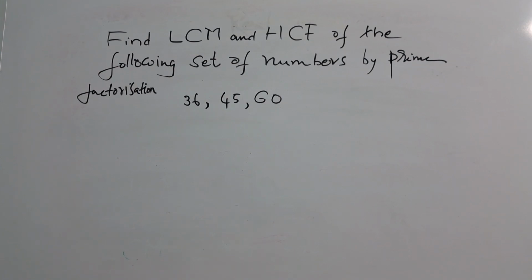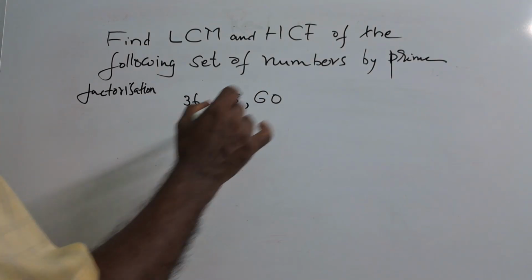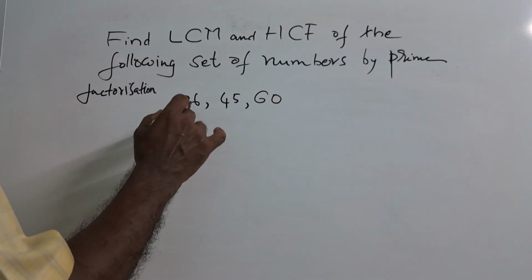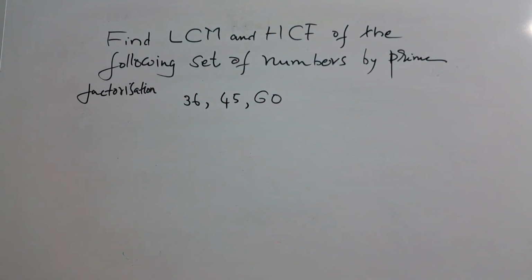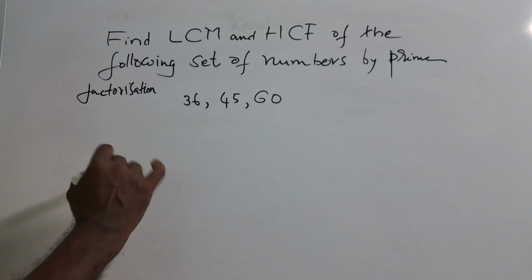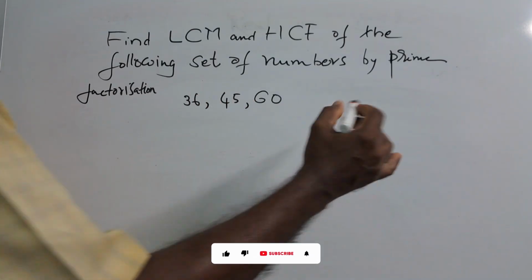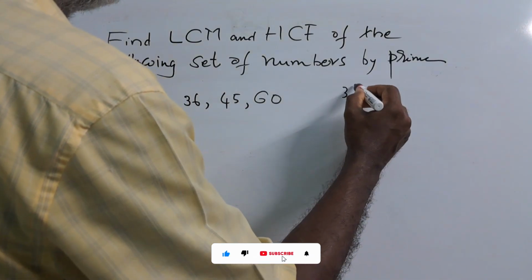Let's examine another example. Find the LCM and HCF of the numbers 36, 45, and 60 by the method of prime factorization. Let's prime factorize 36.